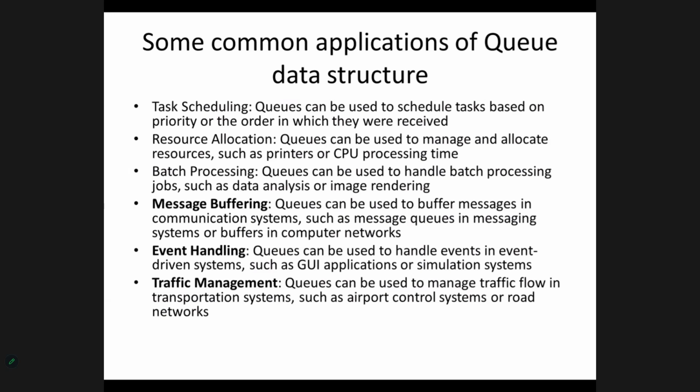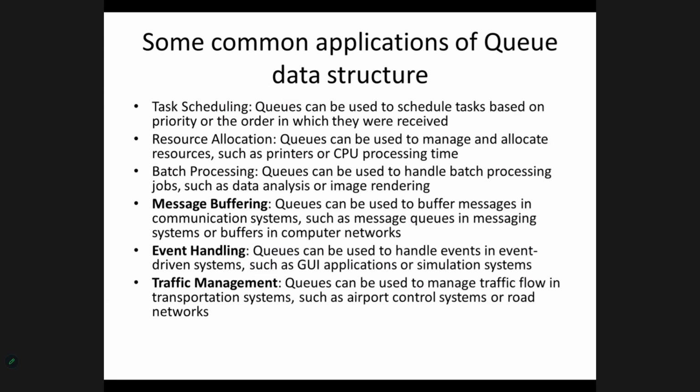Here are some common applications of the queue data structure. There are many practical applications, for example task scheduling, which can be used to schedule tasks based on priority or the order in which they were received.